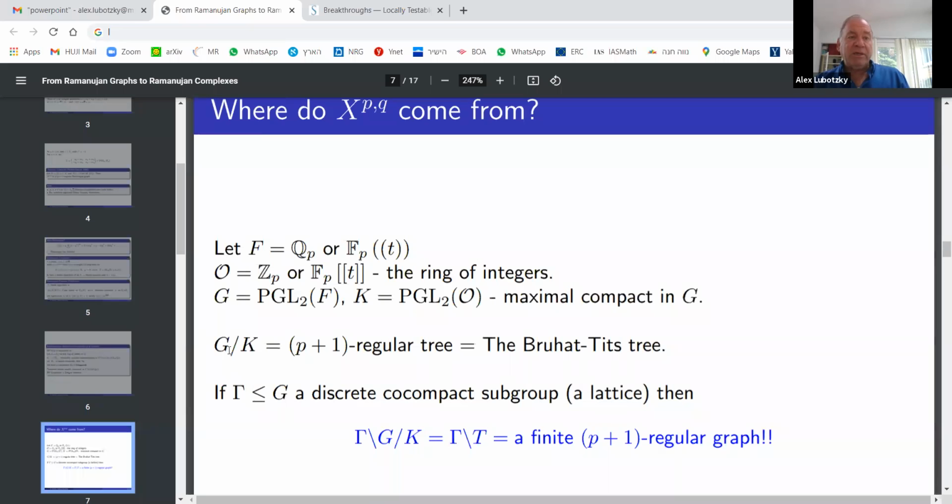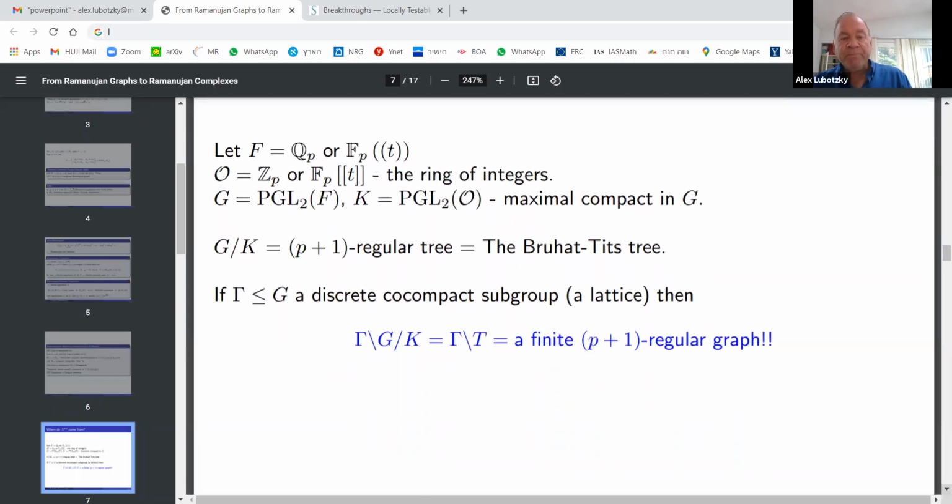Here in the p-adic case, we have the Bruhat-Tits building, the Bruhat-Tits theory, where in this special case the building is just a tree, the Bruhat-Tits tree. And in this case, this is just the (p+1)-regular tree. So you feel like some combinatorics, some graph theory is coming into the game.